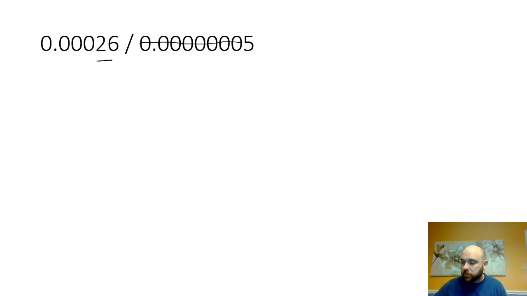So therefore, this one has 1 significant figure. All right, so our answer will be rounded to 1 significant figure. So I'm going to punch 0.00026 divided by 0.0000005 into the calculator. And the answer I return is 5,200.